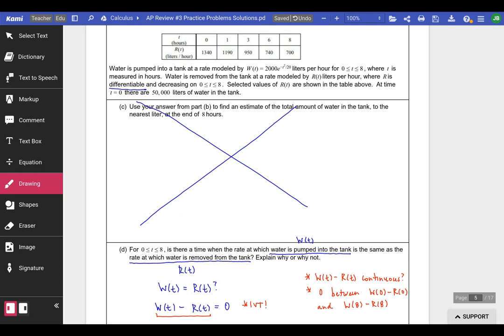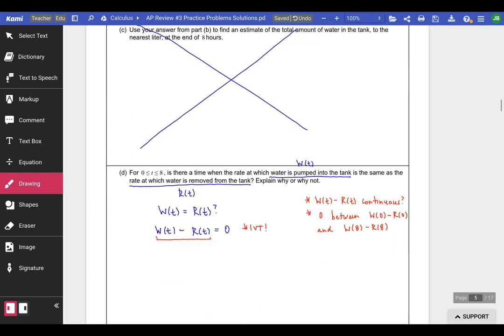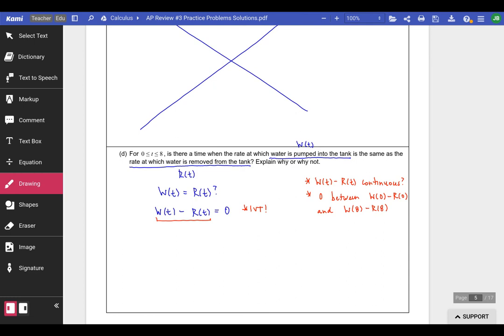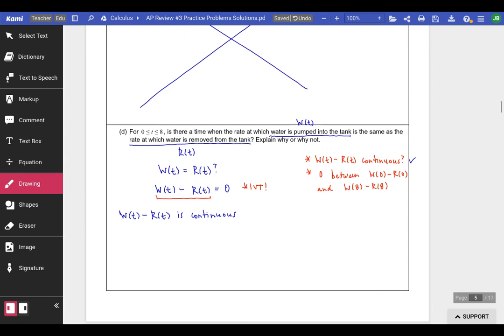So we know W of t is continuous as well. Since we have the difference of two continuous functions, W of t minus R of t is continuous. So we've met our first condition.